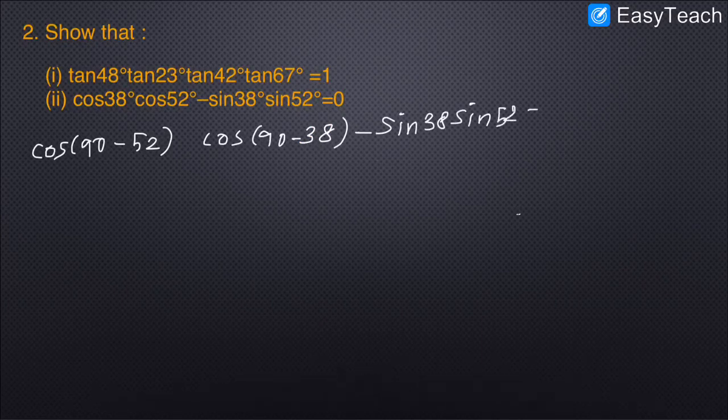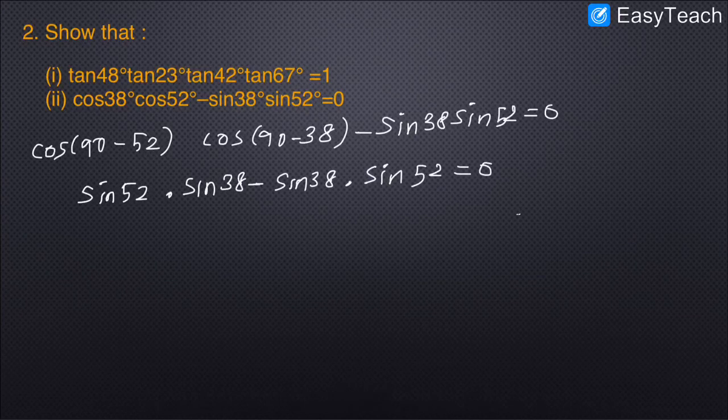So look at here, both sides have the same values. Sine 52 into sine 38, here also sine 52 into sine 38. So definitely if you subtract these two, we will get 0. If you still have doubt how I subtracted this, consider this as 4 and this as 5, and this is 5, this is 4. So 4 5s are 20, and here also 5 4s are 20, so 0.